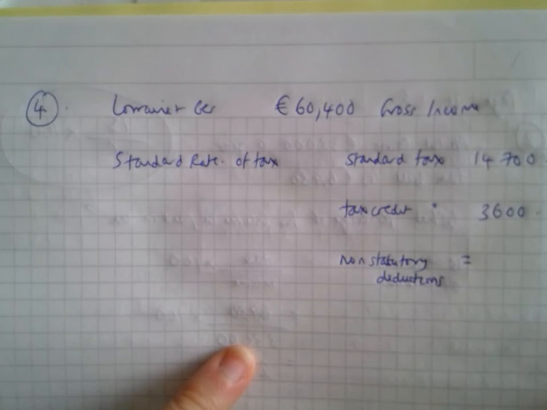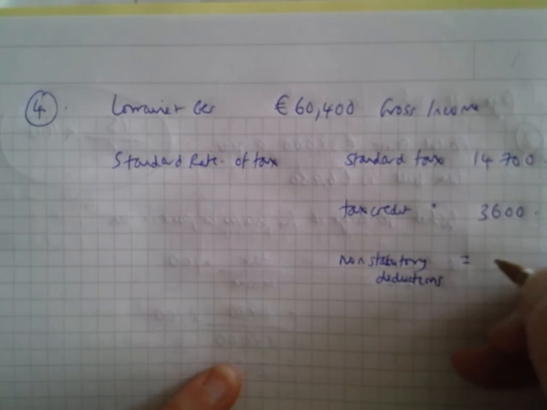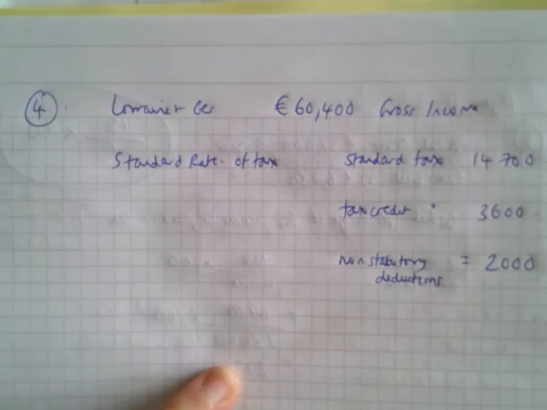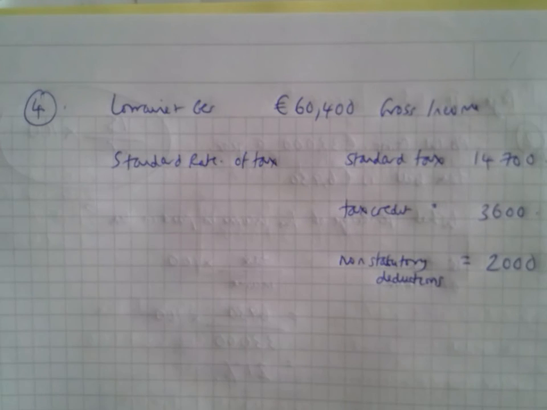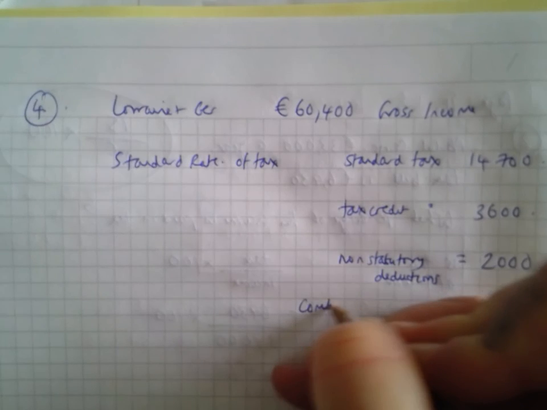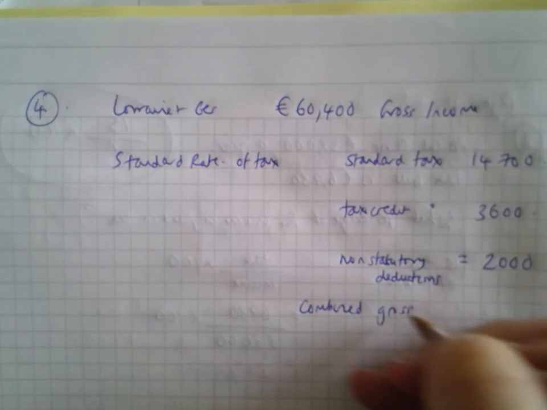Your non-statutory are things like union fees or health insurance or something else like that. So the non-statutory deductions were 2,000. How much was their combined gross pay? Combined gross pay. So that's what we have to find.